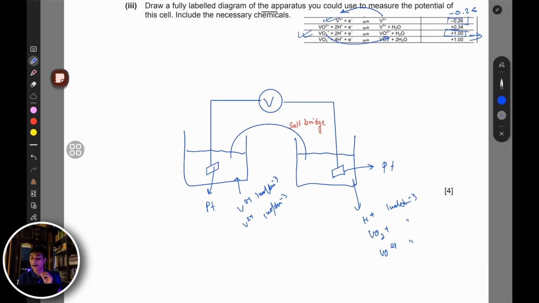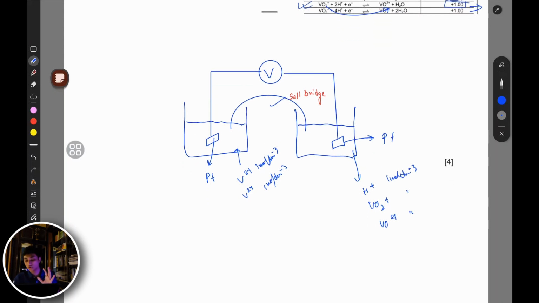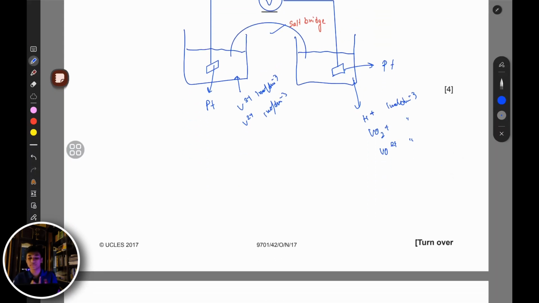It's preferred that you add the concentration as well, which is 1 mole per dm cube, and that's about it. So what are we doing? Voltmeter, salt bridge, the ions, and the platinum. These are the things you label and draw, and you're going to get 4 marks. Good.